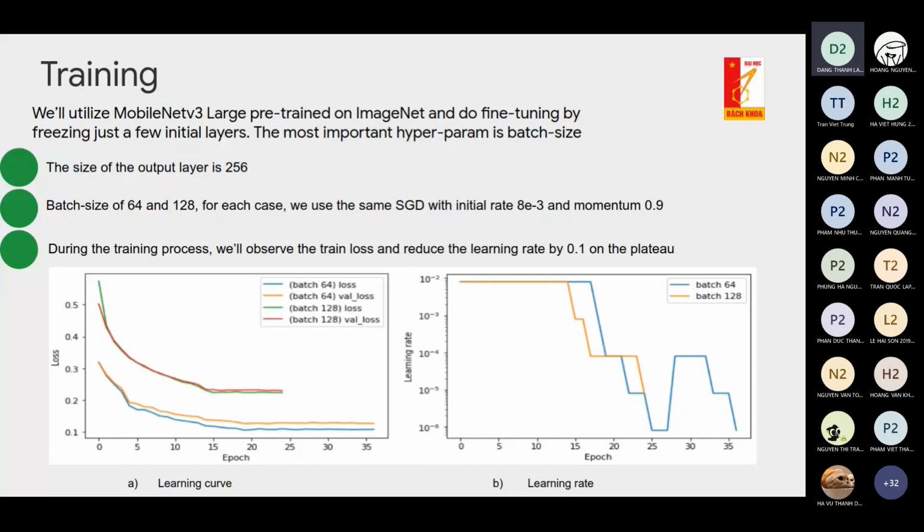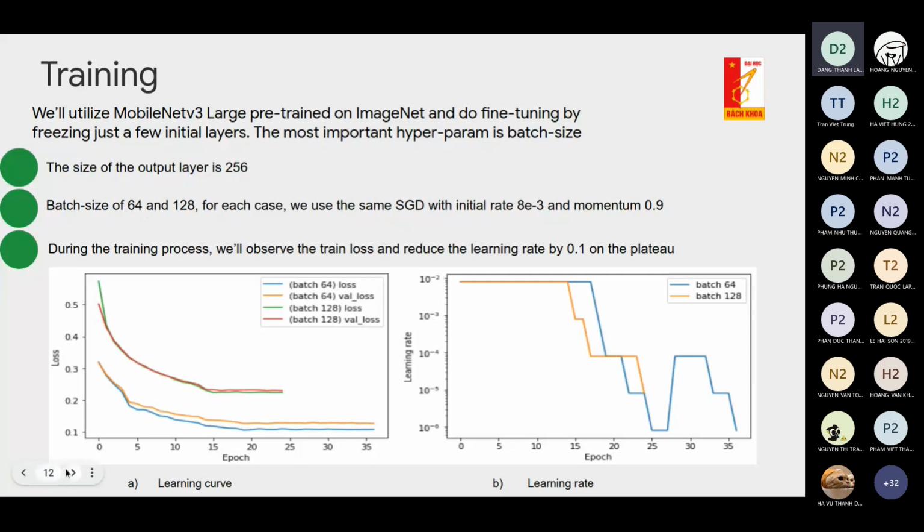Because we have limited resources, we just tuned two values. The first one is a batch size of 64, and the second one is a batch size of 128.